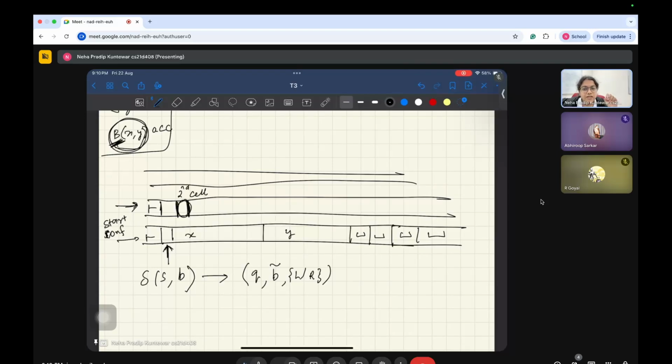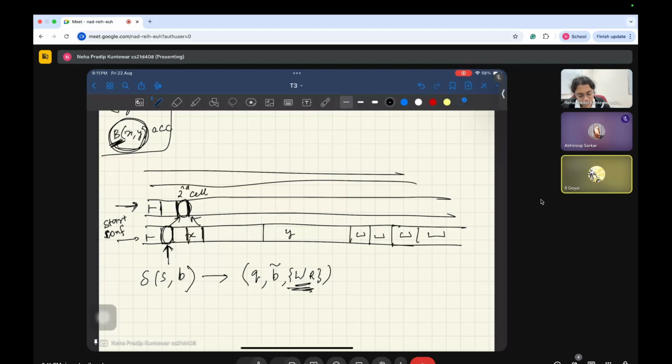If I'm currently at the second cell, that could have been because I was earlier in the first cell and the transition told me to go to the right. That is how I could end up in the second cell. Or it could be that I was in the third cell and the transition told me to go to the left. We're not right now having the stay option. Stay just says that you stay there, which can be implemented by going one step left and one step right.